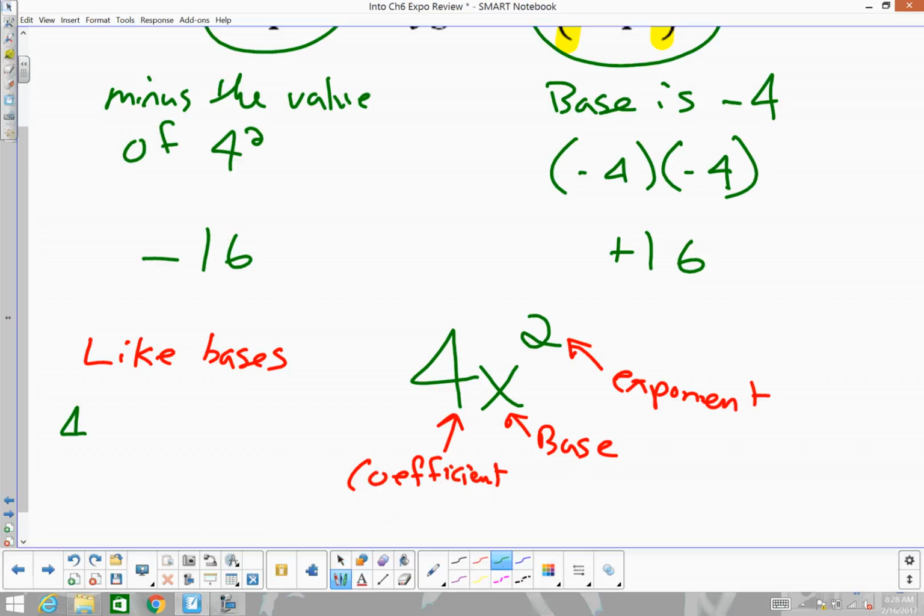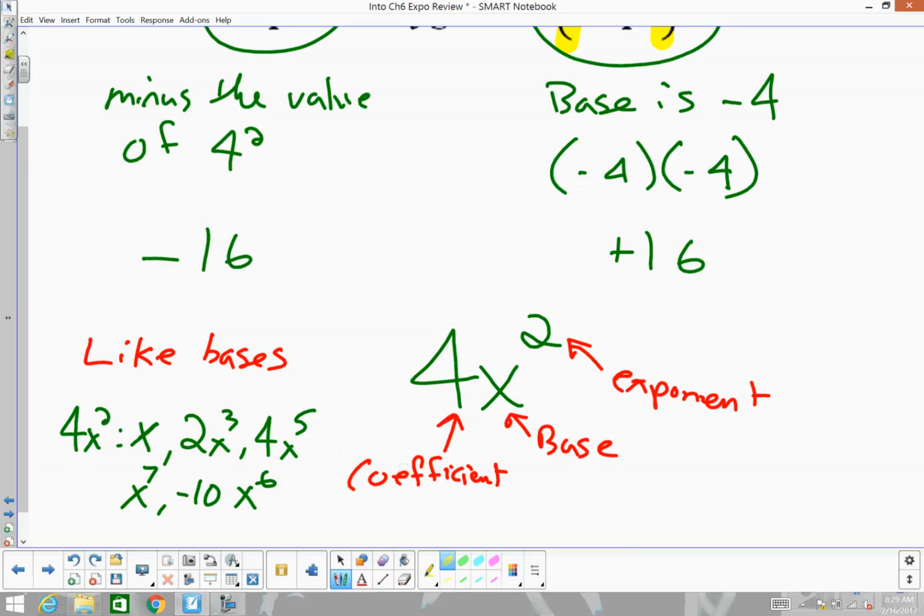So if I have 4x squared, okay, I could have x. I could have 2x to the 3rd power. I could have 4x to the 5th power. I could have x to the 7th power. Negative 10x to the 6th power. Anything that has an x as the base of the exponent, okay, is going to be a like base.